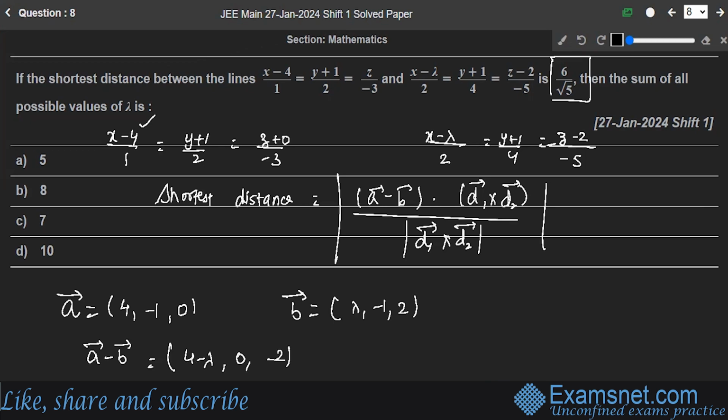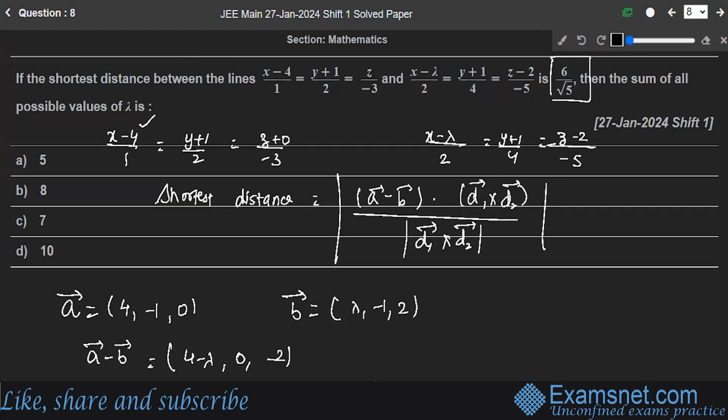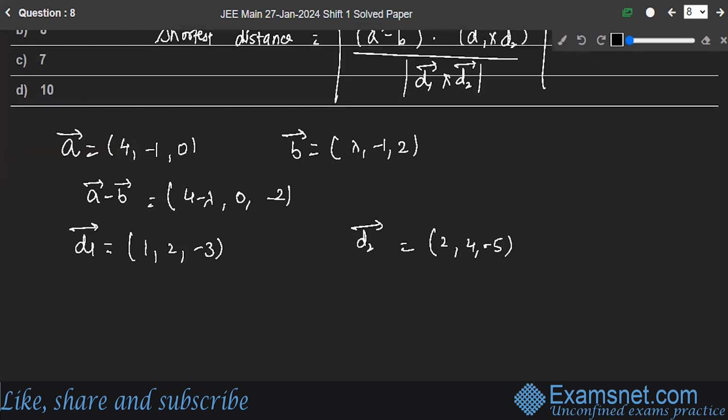All right. What is D1 vector and D2 vector? This is equal to 1, 2, minus 3 and 2, 4, minus 5. Let's check. 2, 4, minus 5, 1, 2, minus 3. Yes, that's it. So what is the cross product of D1 and D2?